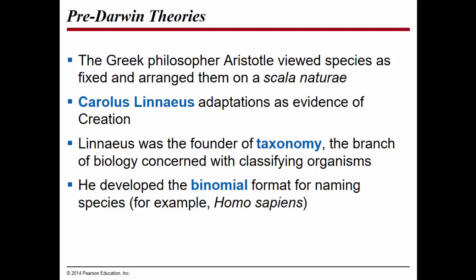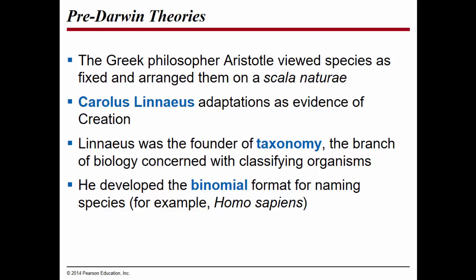His ideas were different from Darwin's because he thought that these adaptations were evidence of God's creation. A good creator would make the organisms suitable for a particular environment and having structures that worked well to ensure the survival and the future reproduction of these organisms.